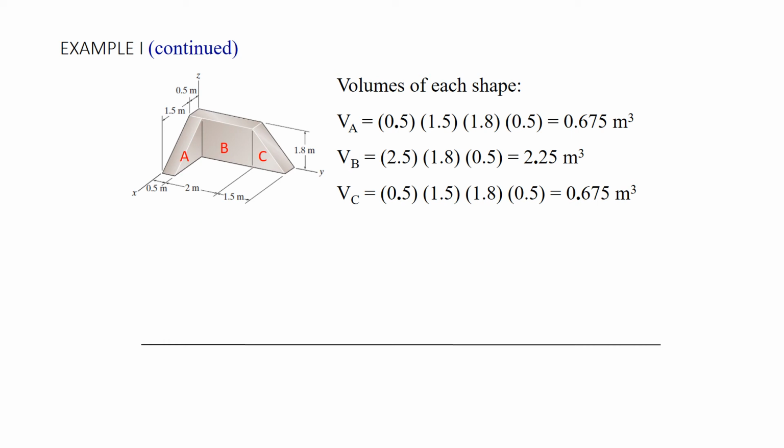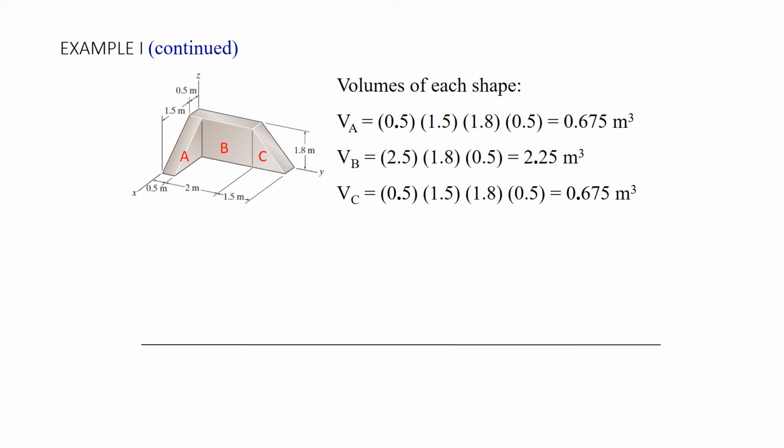For volume B, it's a rectangle, so we just need the length of one side, which is 2.5, times its height, which is 1.8 meters, times its thickness, which is 0.5 meters, to get its total volume of 2.25 cubic meters.